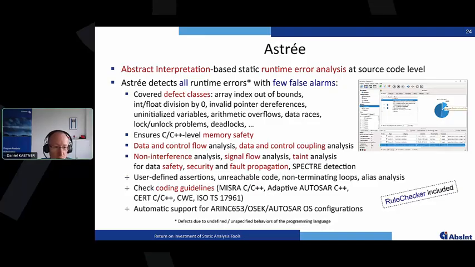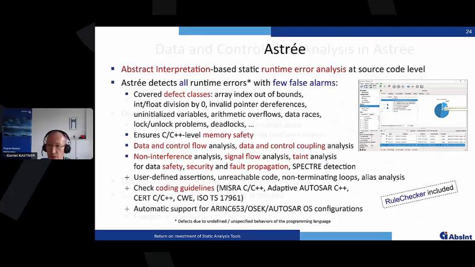Well, then checking coding guidelines obviously is also covered, so the usual coding guidelines can be handled. And if you're in the automotive or avionics domain, then the usual operating system norms are automatically covered, so R3 knows what will happen in the operating system and can take into account automatically.